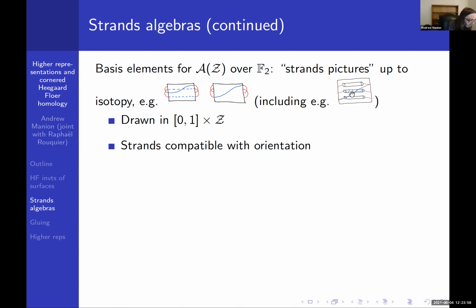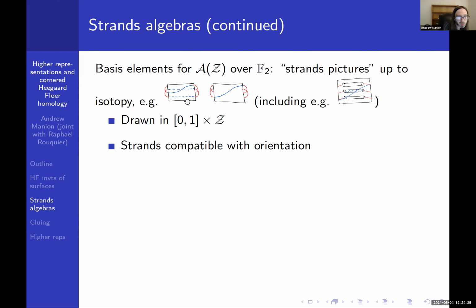Okay, but then in this template, what I'm going to do is draw some strands, in blue. These are some paths up to isotopy, and they start and end at these points that were involved in the matching. And they always go consistent with the orientation. So here it's upward pointing.